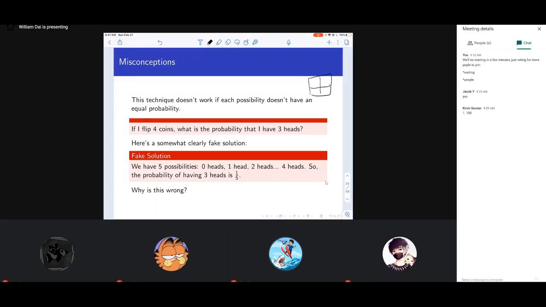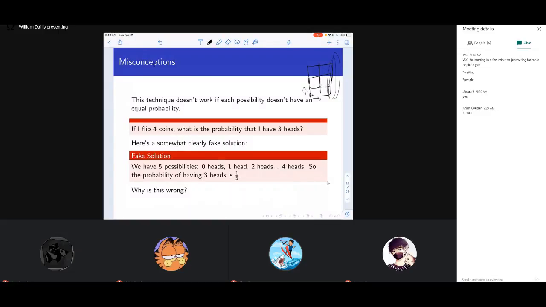Say you have some bug that's traveling either up or right on this grid, and it stops when it reaches the rightmost wall here.